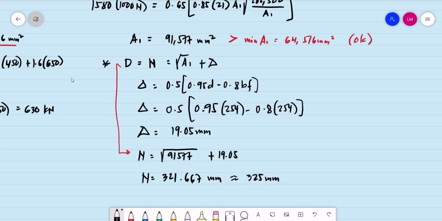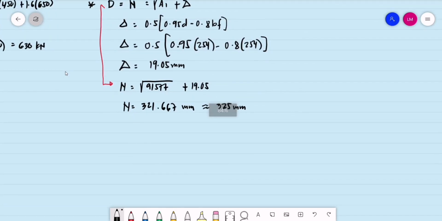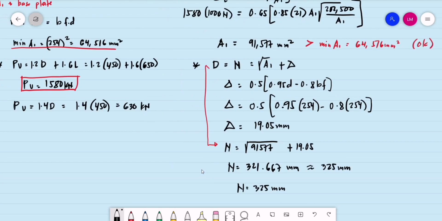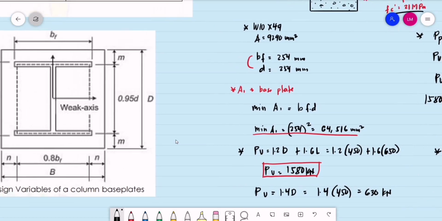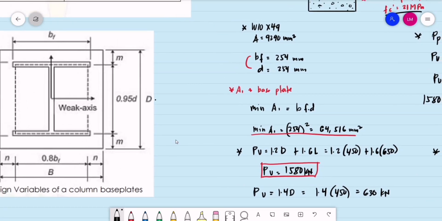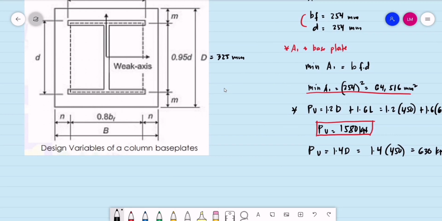So we can now use the value of N equal to 325 millimeters. So we can now compute for the value of B. Anyway, we have now the value of N, 325 mm. So we are now computing for the value of this B.